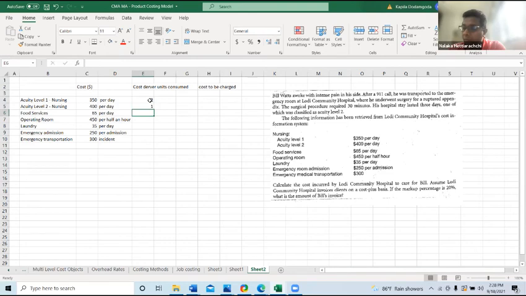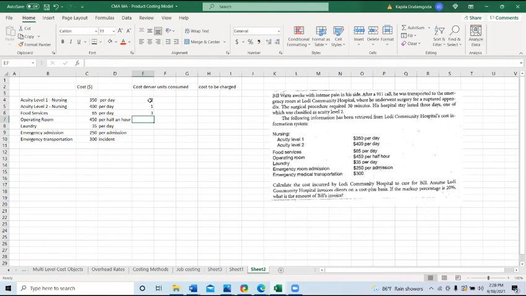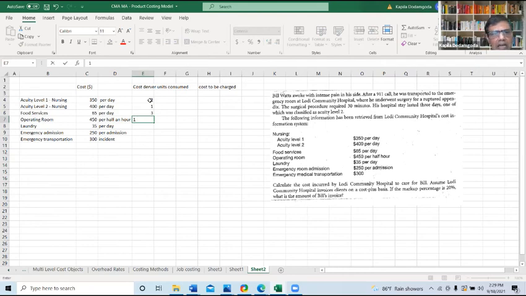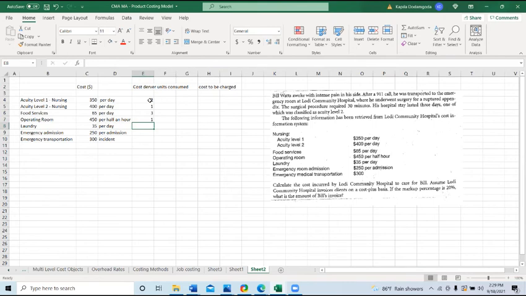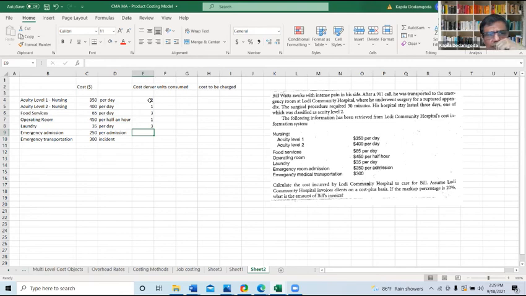3 days. Food services for 3 days. And operating room? Half an hour, just 1. There's 450 just for half an hour, in half an hour intervals, 1. Laundry 3 days, per day. Emergency admission? 1.